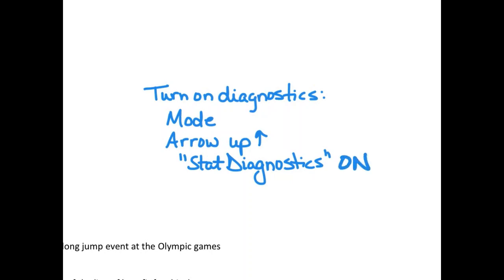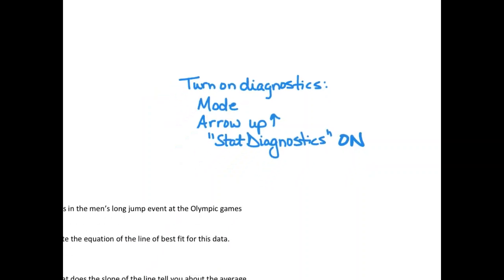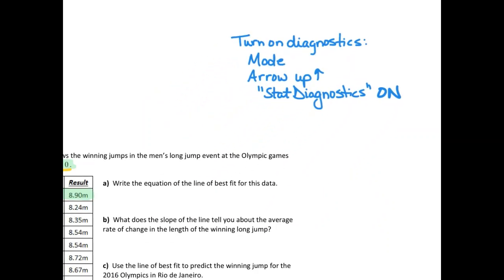When you've turned stat diagnostics on, now when you compute the line of best fit, it will also compute the R number that we need to use to find the correlation coefficient.